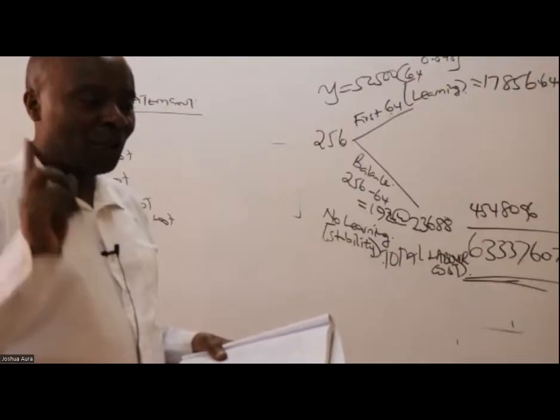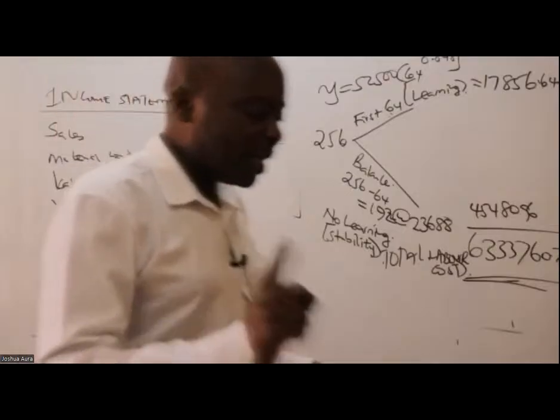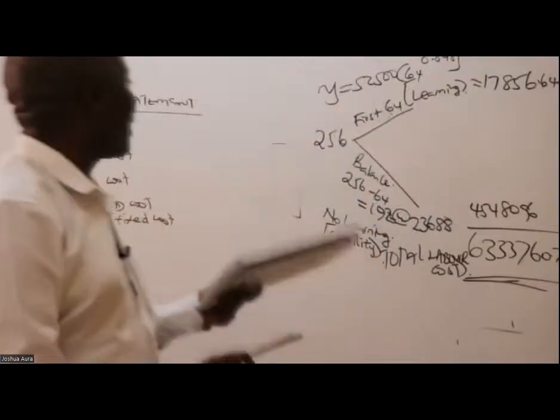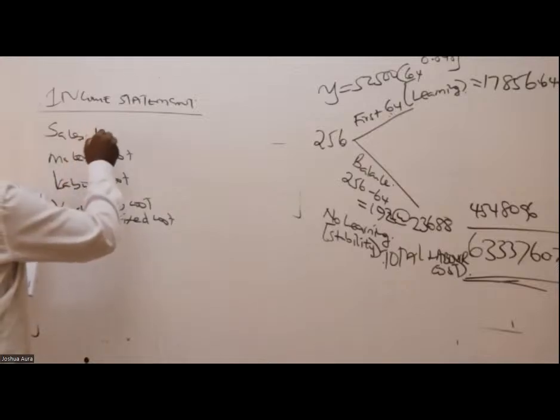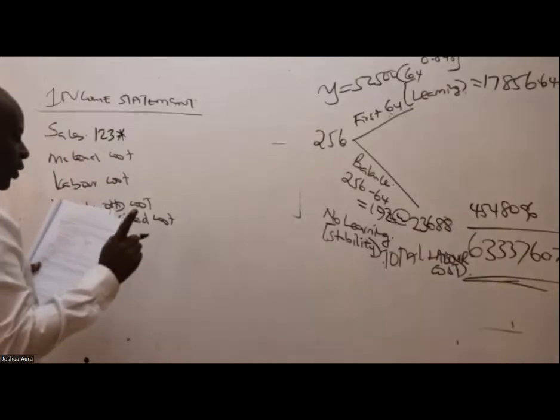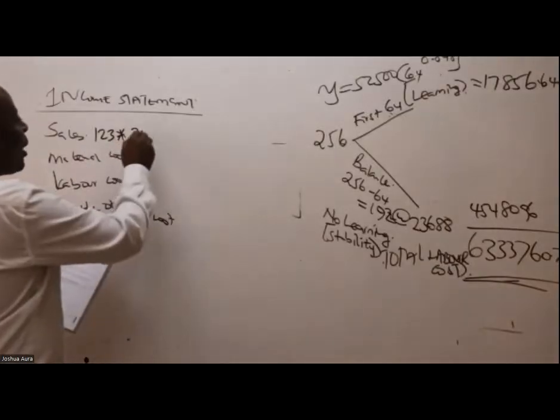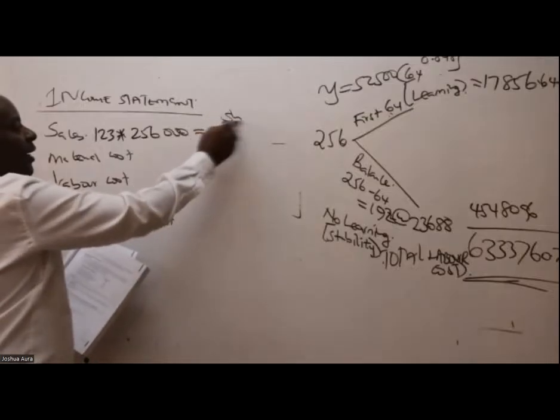Per unit. So meaning that I must take 123 and multiply it, not per batch, it's for units. So I multiply this with 256,000, like that. So could you kindly give me a figure here?